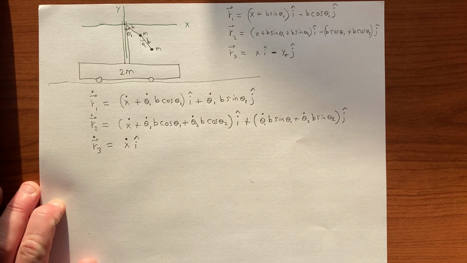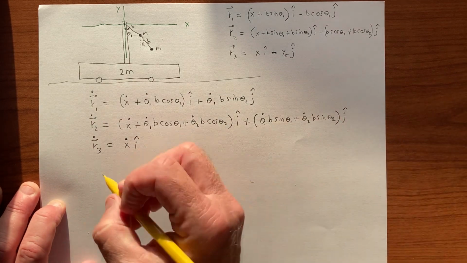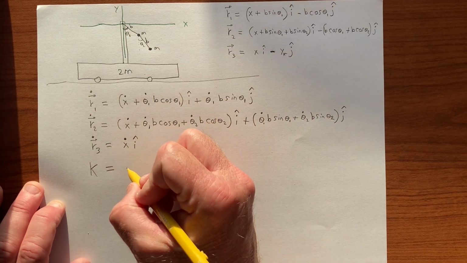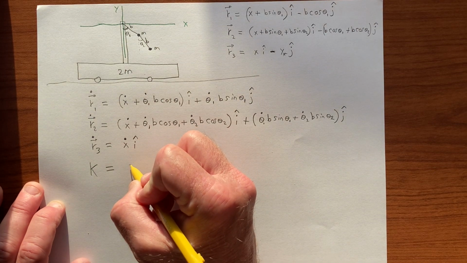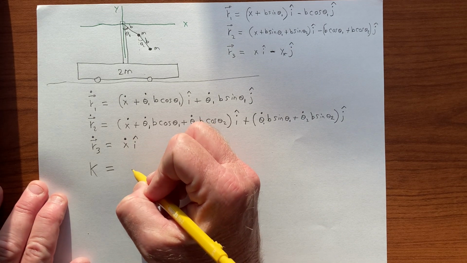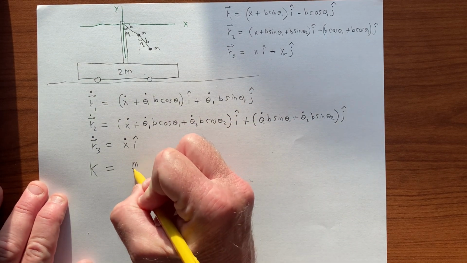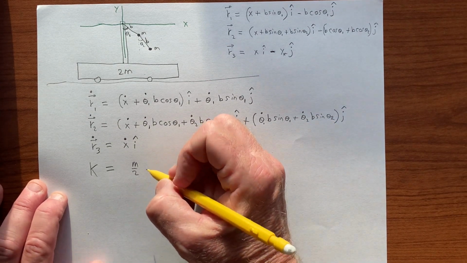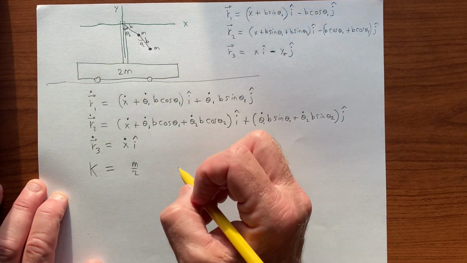Okay, so we can construct the kinetic energy. The kinetic energy K equals, well, let's do them one by one. So we'll have m over 2 times R1 dot squared.